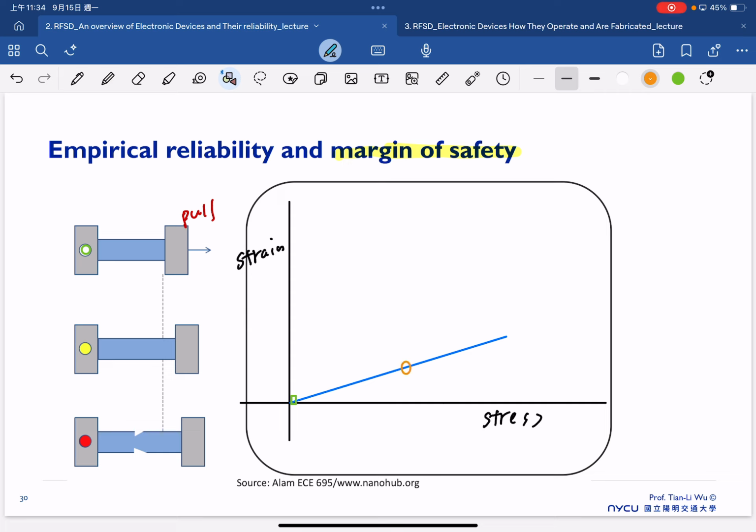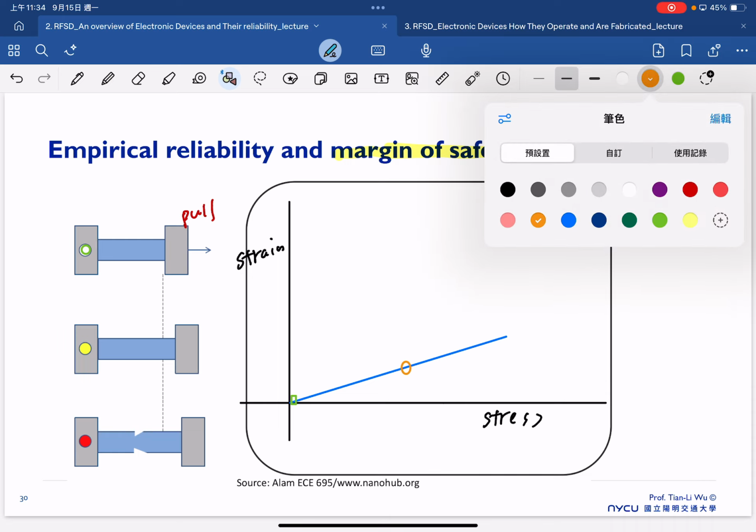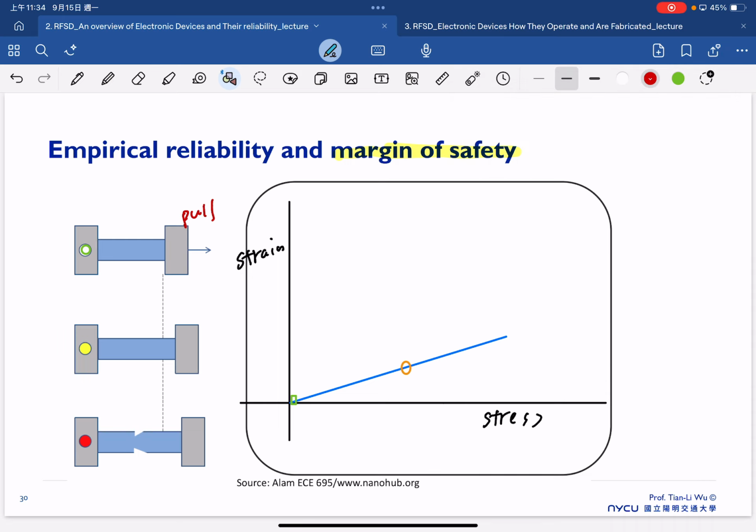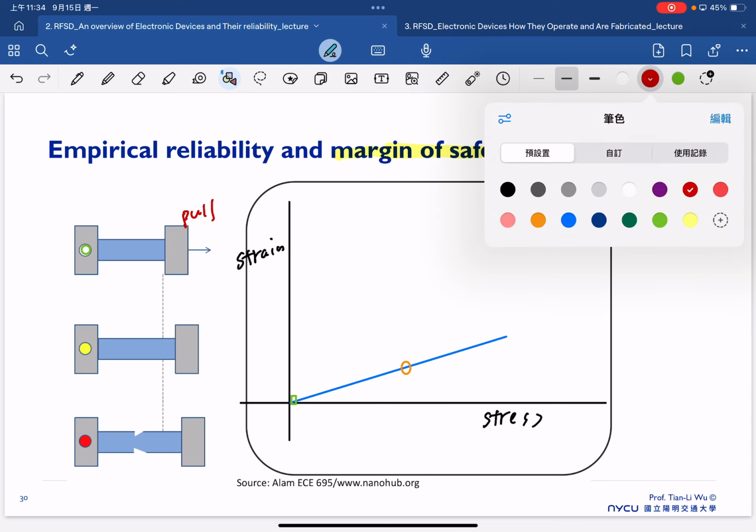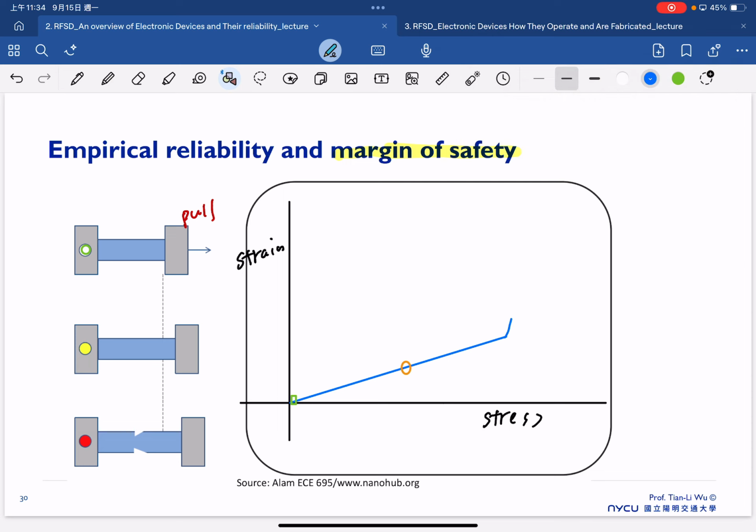But after a certain critical condition that we can foresee, the strain goes very high, and that causes the failure here. So this is the moment of the failure point.